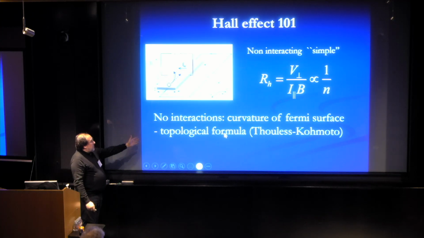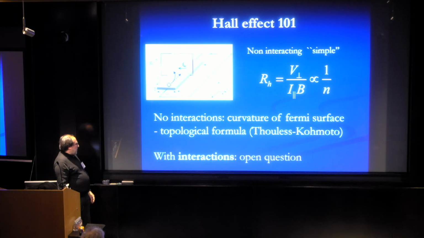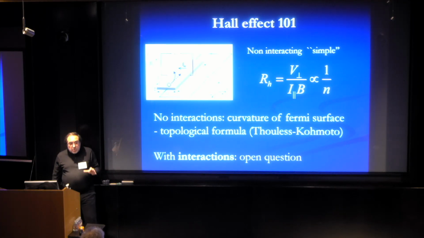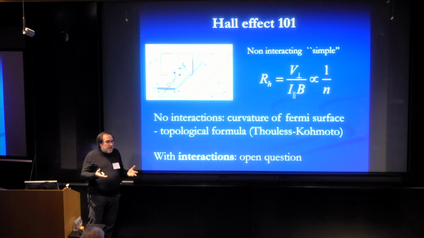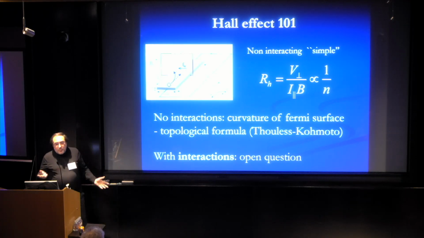But this is for non-interacting particles, and of course, if the fields become large, you get the integer quantum Hall effect, and so on and so forth. But essentially, with interactions, what the Hall effect is measuring in an interacting quantum problem is largely an open question.